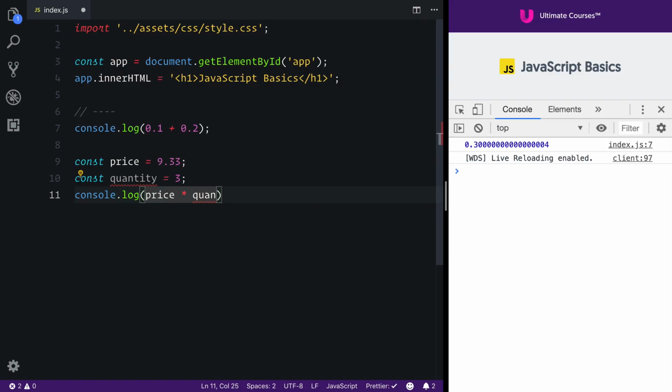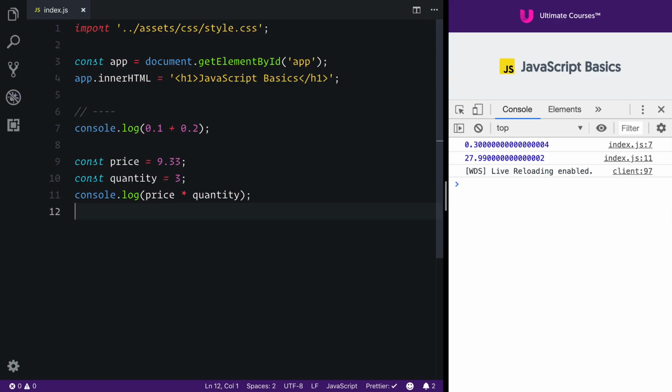We would have the price multiplied by the quantity, and that gives us the final price. Now, when we get to the checkout, we may not have 27.9000 and on, followed by a 2. That kind of currency doesn't make sense and it doesn't exist. So it's a good thing to know how JavaScript floating points work and why this behavior happens.